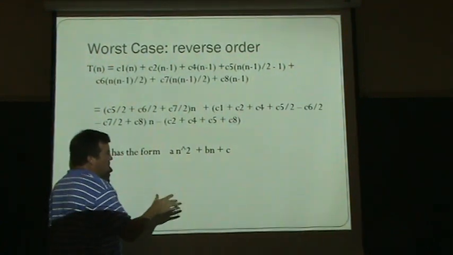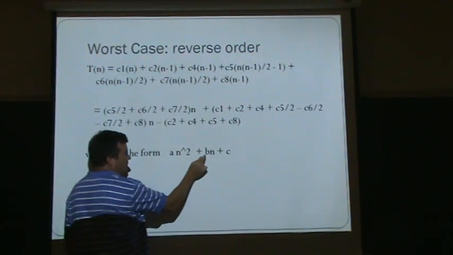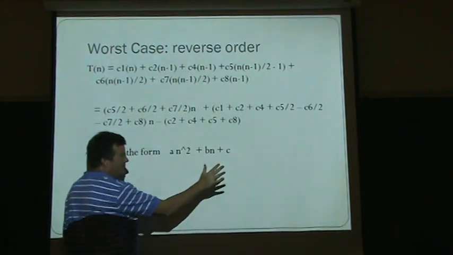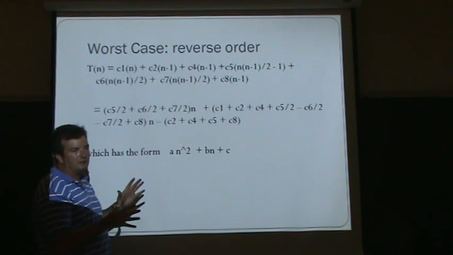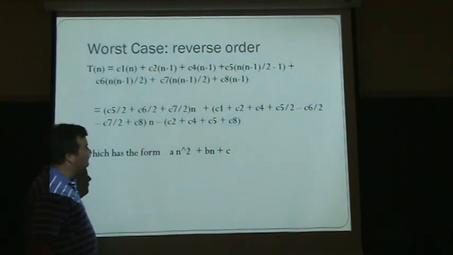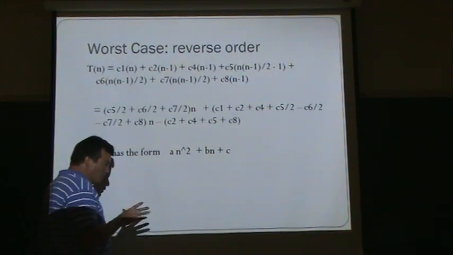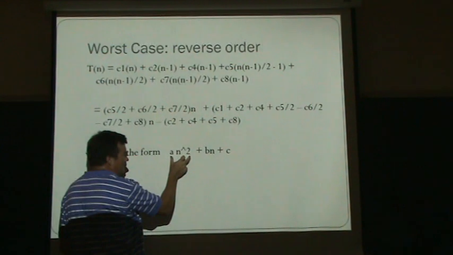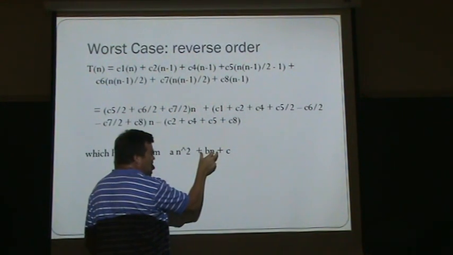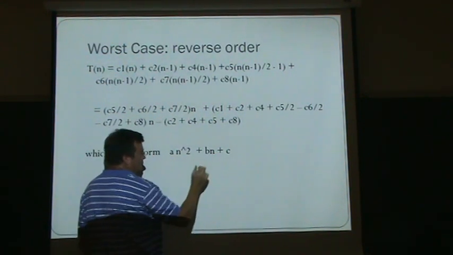With 1,000 it would be 1,000 times A plus 1,000 times B plus C. A and B almost carry equal weight. If it's 1,000, this term is 1,000,000, plus 1,000 of these, plus one of those.